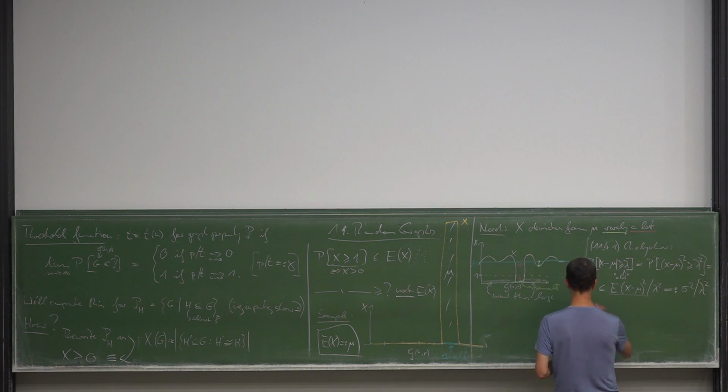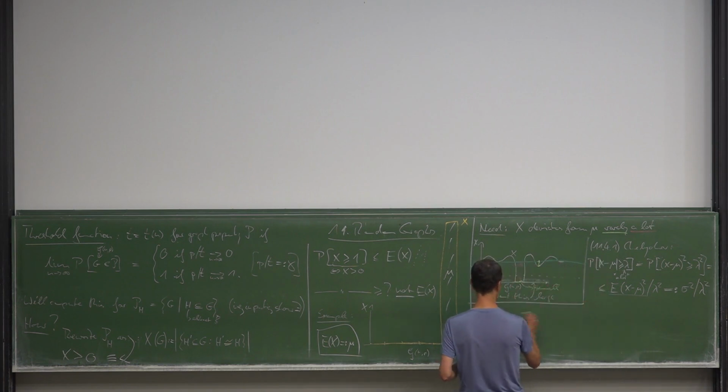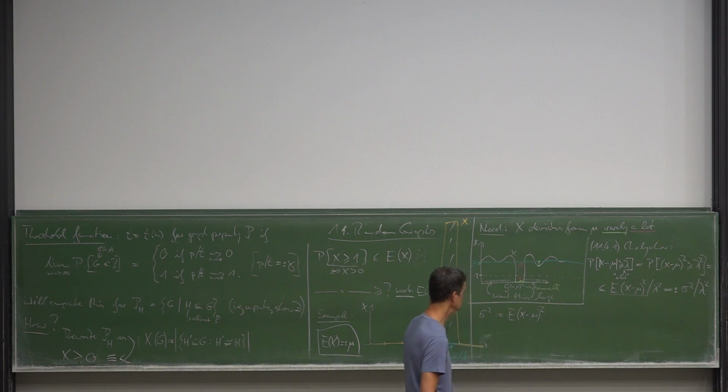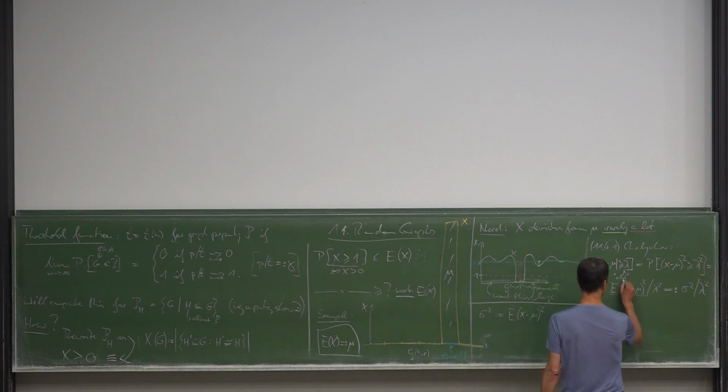Let me just write that more explicitly. Sigma squared is defined as the expectation of x minus mu squared.